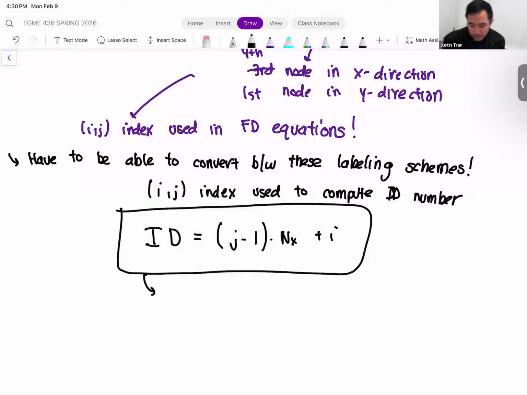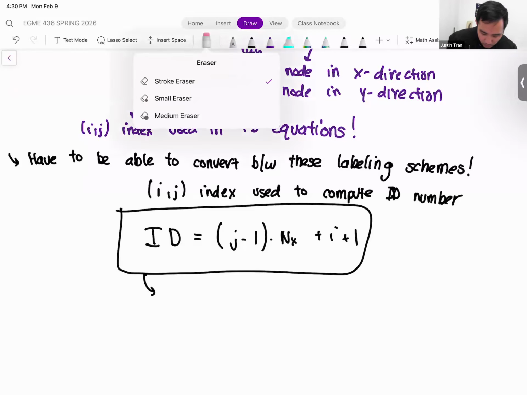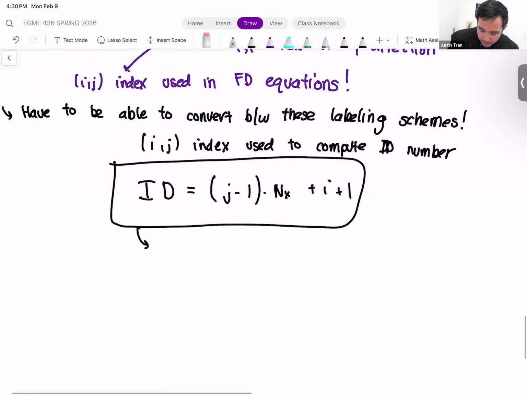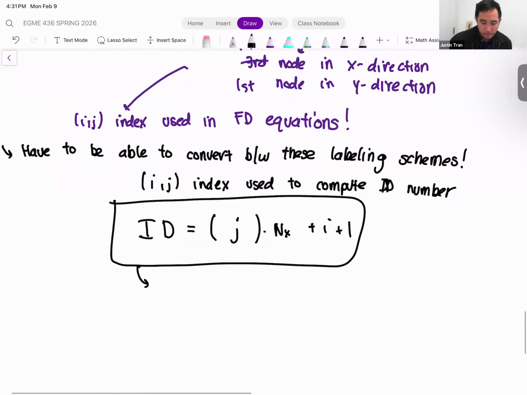And technically, if we're starting our ID number from 1, we should add a plus 1 as well. Okay. Actually, I apologize. I'm going off a little bit different from my notes because I'm starting IJ at 0. So this should just be J times NX plus I plus 1. I apologize, because for the IJs we're starting at 0, but for the ID numbers we're starting at 1.